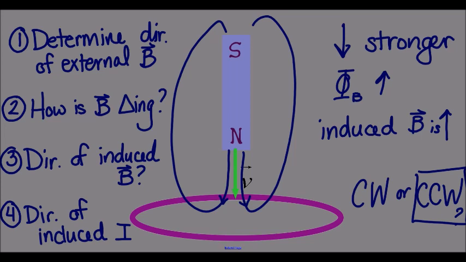We want it to stay the same because it opposes change. That means that the loop will have an induced magnetic field that's in the same direction as the external magnetic field, so the induced field would be downward. Using the right-hand rule, that tells me that when viewed from above, the current would be clockwise this time.